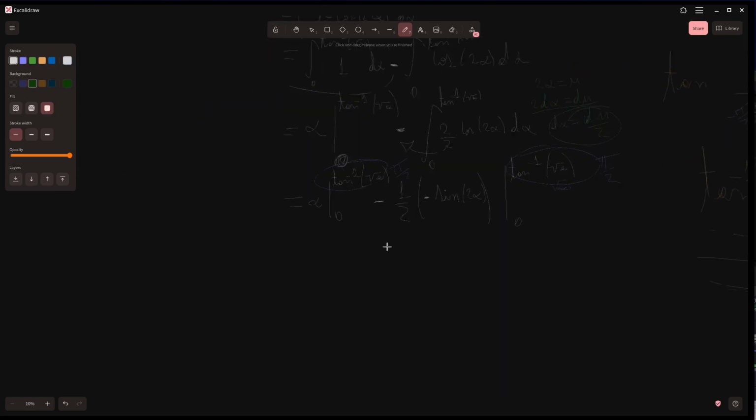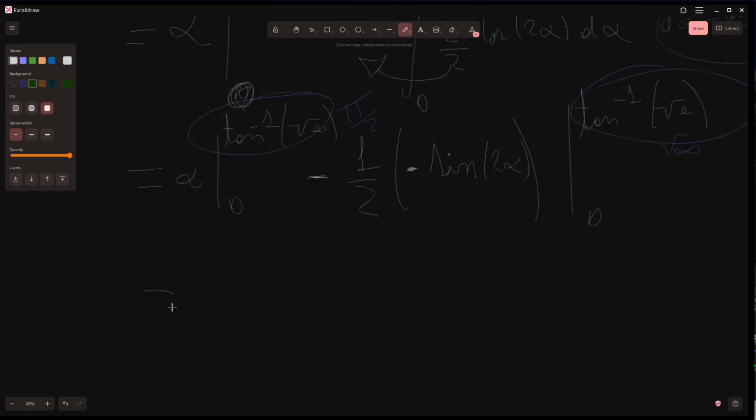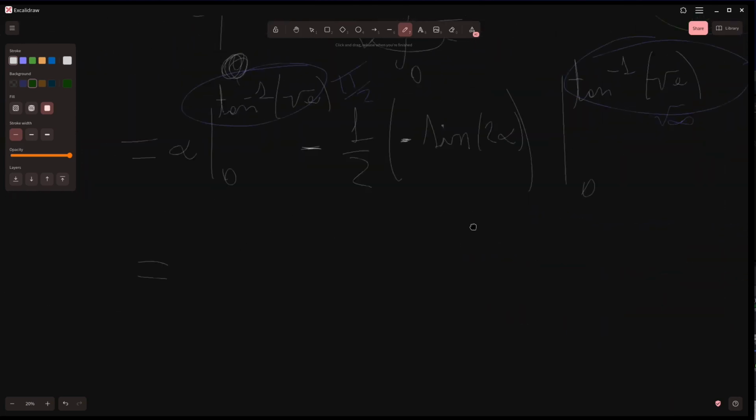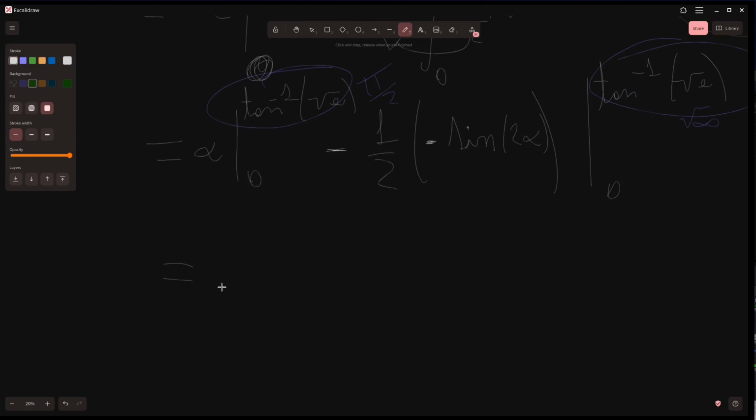So the function should be from 0, the arctangent of 0 is 0, so this is 0, and the upper limit should be pi over 2.